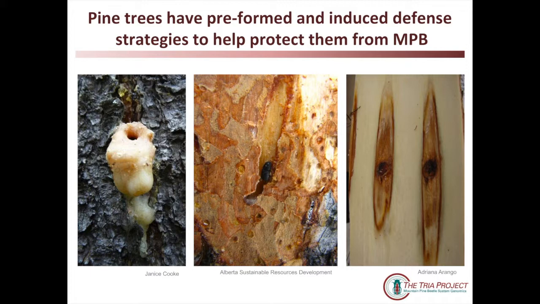And so you can see that discoloration here, deposition of secondary metabolites. You can also see that trees will ultimately respond by cells within that tree killing themselves off. This is a programmed cell death that these cells are undergoing in an effort to contain that invader.